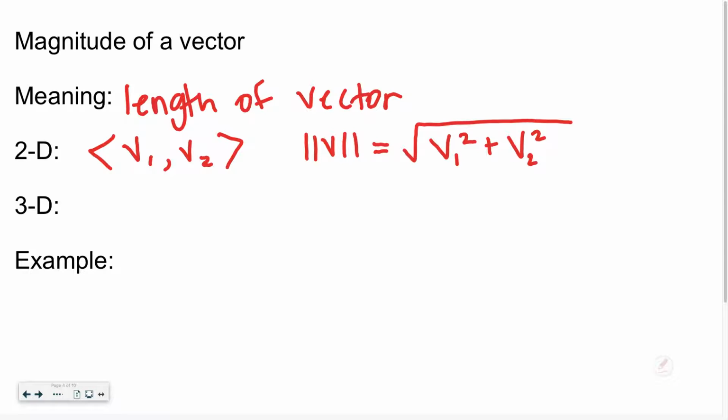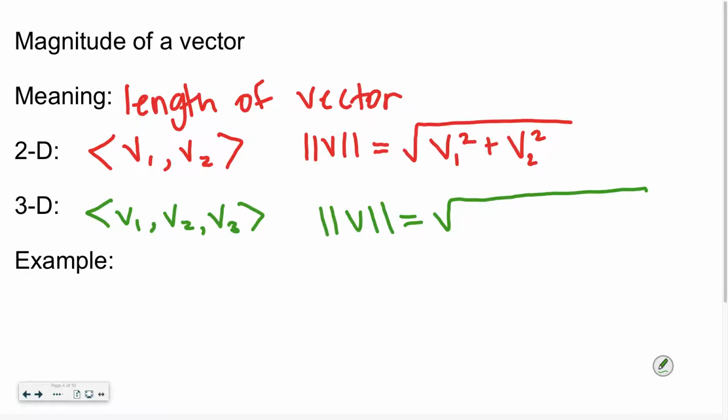Emma Ralston asks, now do we have v1, v2, v3? Now we have 3 components, and our magnitude is still calculated by the square root of v1 squared plus v2 squared plus v3 squared would be the only difference.